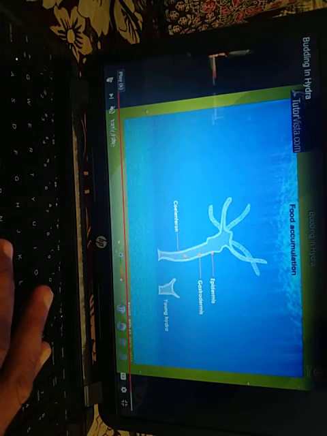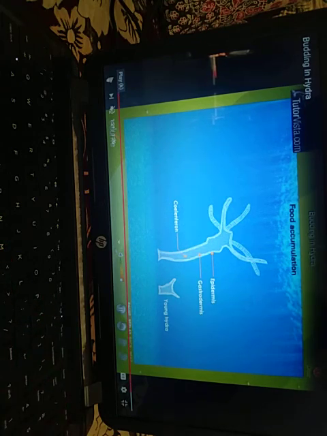So this is how the young hydra is formed by the process of budding. So this experiment you can go through, and if you have any problem you can let me know.